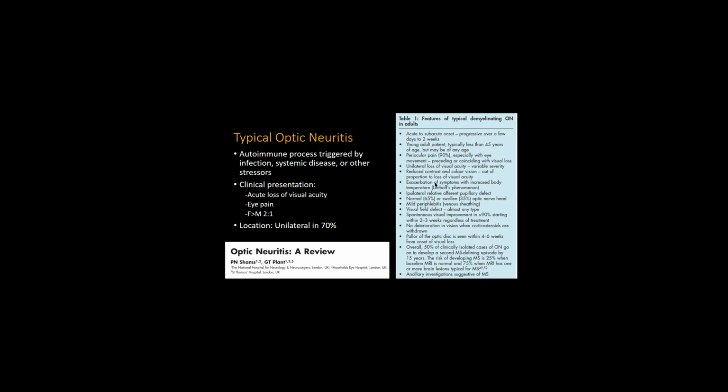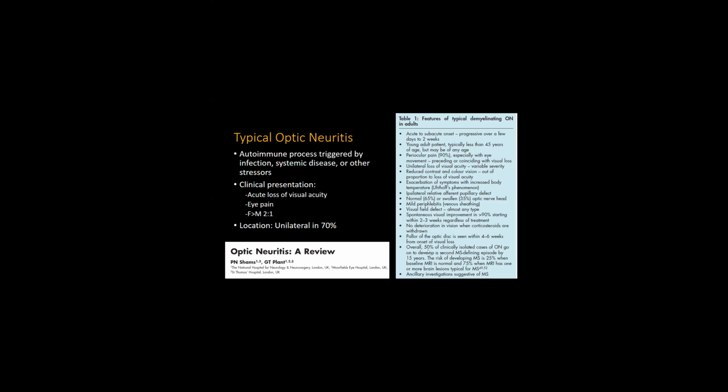They also get an exacerbation of symptoms with increased body temperature, which Dr. Saylor alluded to, Uthoff's phenomenon. Most of the time, the optic nerve head is normal. There's very mild periphlebitis or venous sheathing that the ophthalmologist sees. And then there's spontaneous visual improvement in more than 90% of patients starting within 2 to 3 weeks, regardless of treatment.